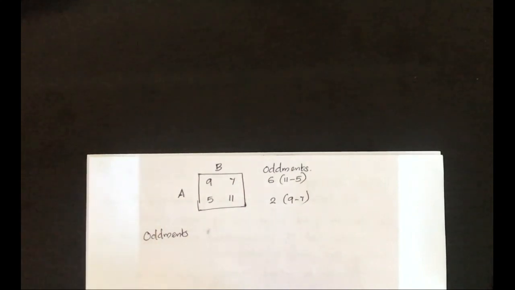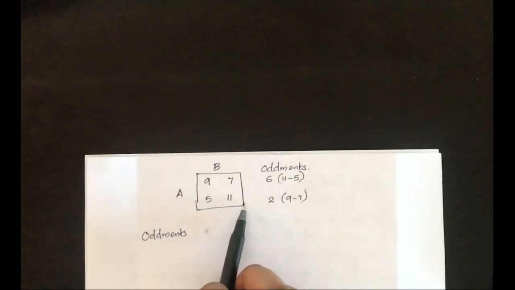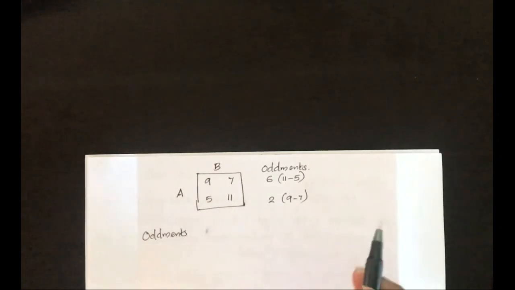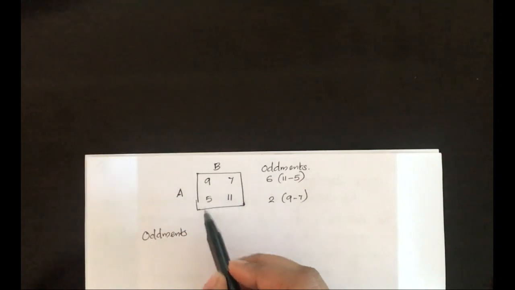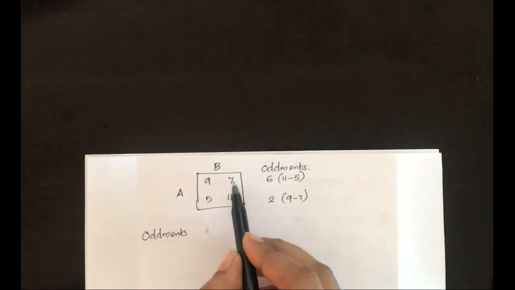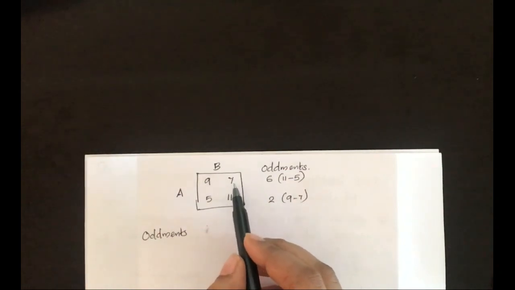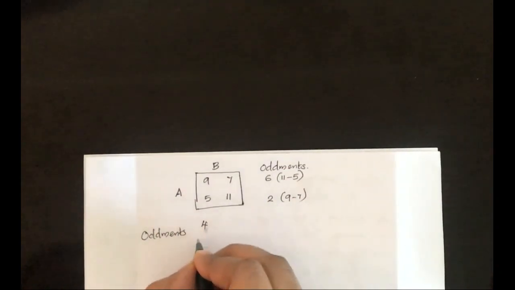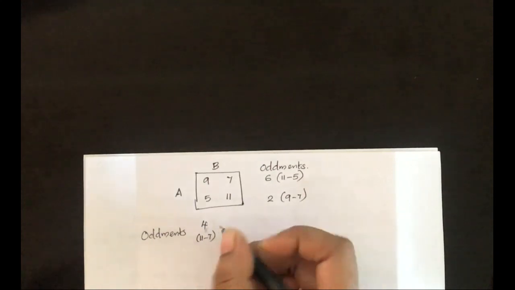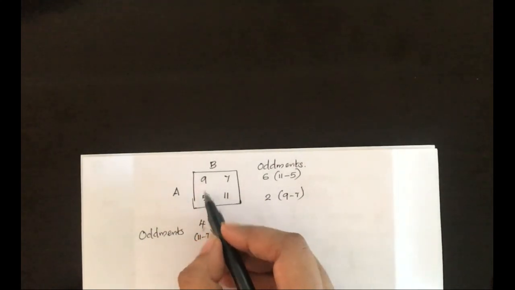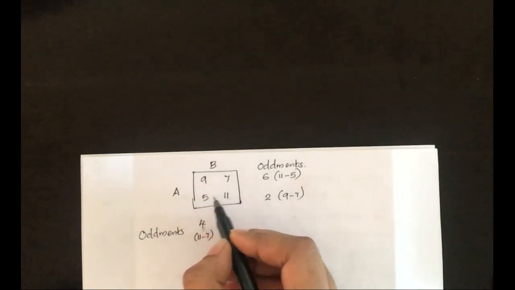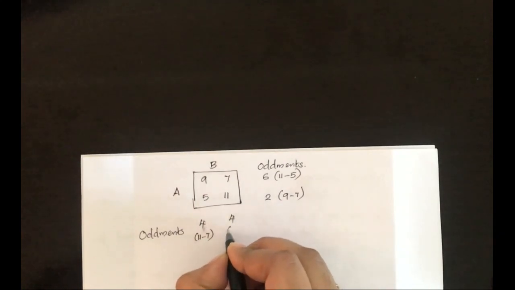Similarly, find the oddments of the columns. Like rows, in columns also we write the difference of the opposite column. For column 1 we write the difference of column 2: 11 minus 7, that is 4. For column 2 we write the difference of column 1: 9 minus 5, that is also 4.